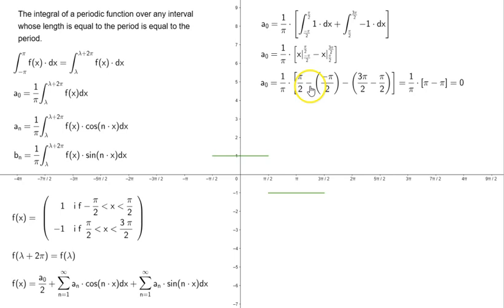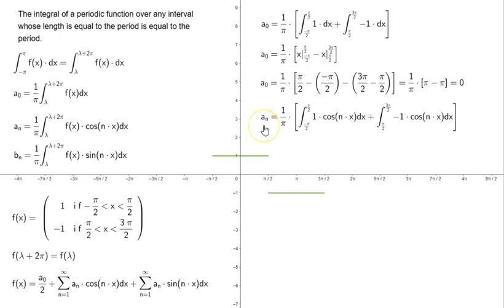So pi by 2 minus, now we substitute minus pi by 2. So minus pi by 2. Minus, now here again we substitute 3 pi by 2 minus pi by 2. And when we simplify this, we get 1 by pi times pi minus pi, which is equal to 0. So a naught we don't have to bother about.